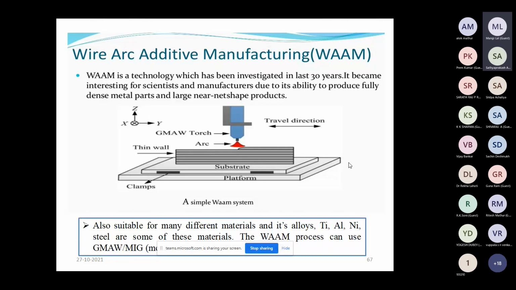Now, if we want to generate a large size product with conventional rapid prototyping techniques, like stereolithography or solid ground curing, or even selective laser sintering or direct metal laser sintering, we have the limited size of that machine. So we cannot cross that size of the machine.